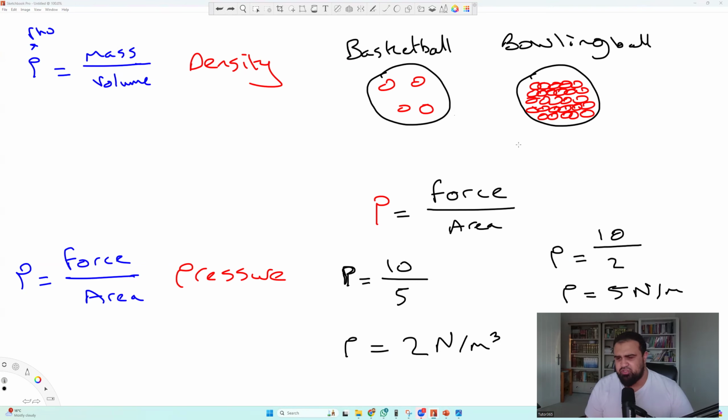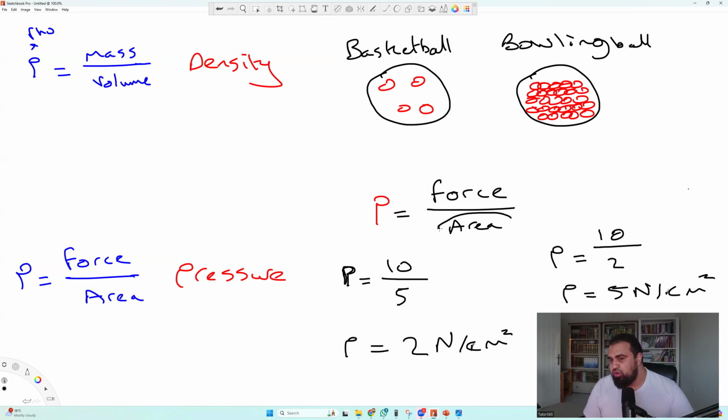Oh, per meter squared. I'm so sorry. Area, the unit is centimeters squared, actually. I feel so dumb now, but whatever. Okay, the units are not so important here. I don't care about the units. I just want you to focus on the numbers. So you see what we had: the smaller the area, the higher the pressure.